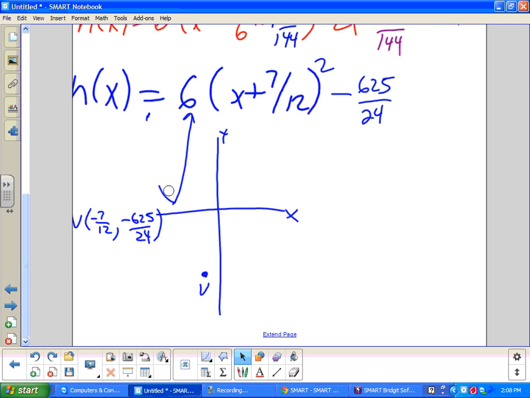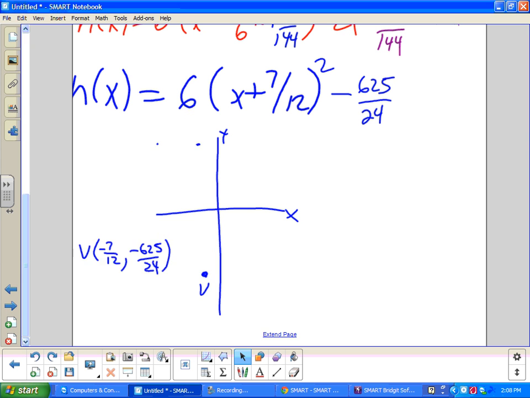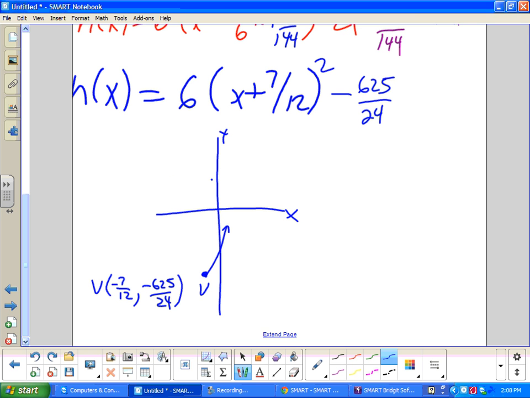Because if it's going to go through negative 24, this point's down here. Negative 24 is probably right somewhere in here. There. There's the curve, all right? The y-intercept is negative 24. The min, because it's opening up, is the negative 625 over 24.